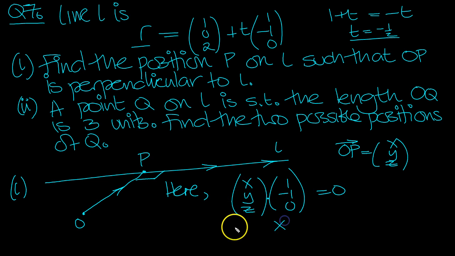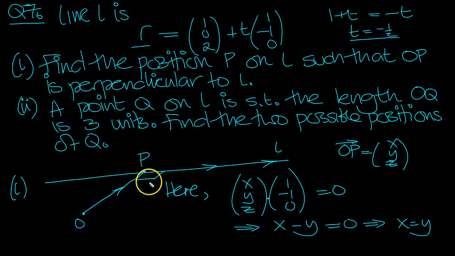So X minus Y plus 0Z equals 0, X equals Y. The other thing to say is that P is on the line L, so here 1 plus t. X equals Y at the point P, doesn't it? So the X coordinate, 1 plus t, must equal the Y coordinate, 0 minus t.